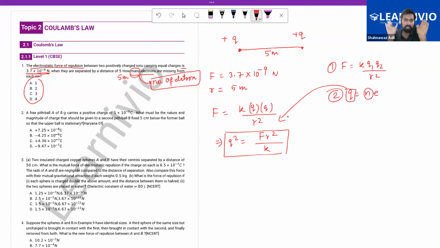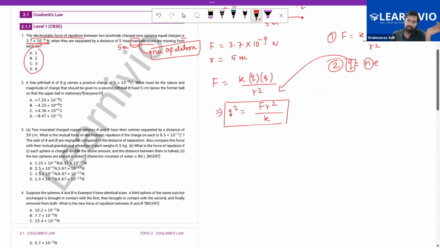So now we have figured out how we have to approach this question. So let us solve this thing step by step, right? So Q square would be F times R square divided by K. How much is F? 3.7, I don't know what the unit was in this question, but let's say 3.7 into 10 to the power minus 9, and R square, which is 5 into 5, divided by K, which is 9 into 10 to the power 9.